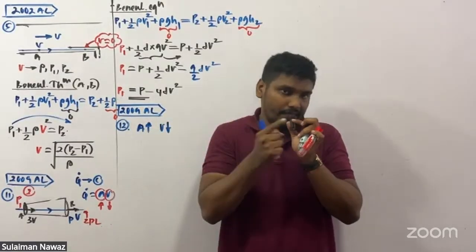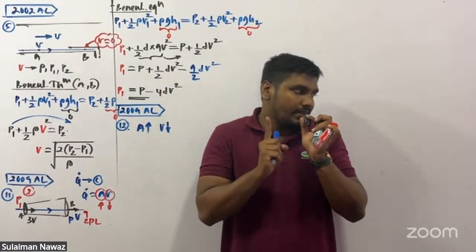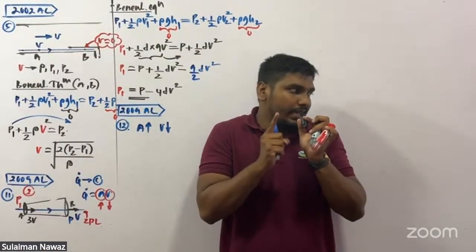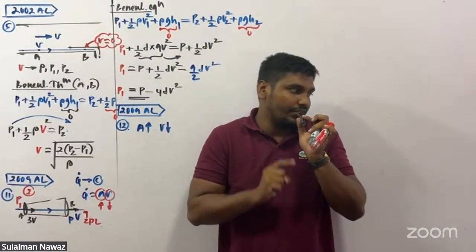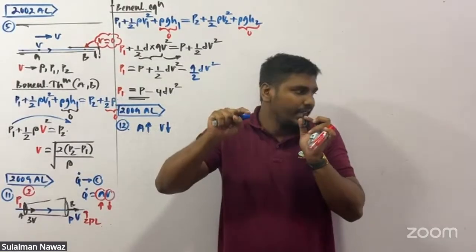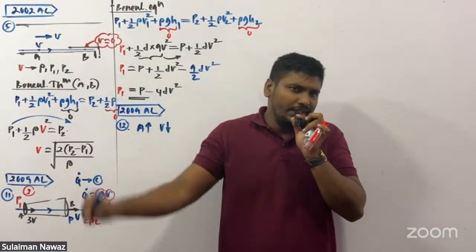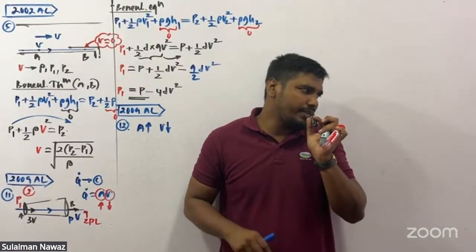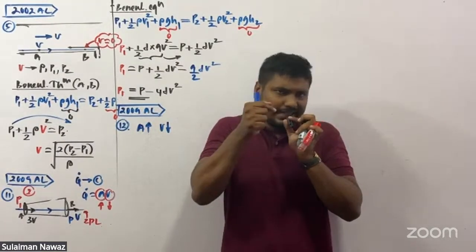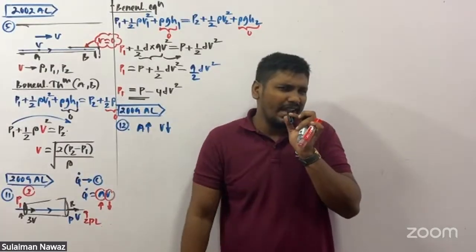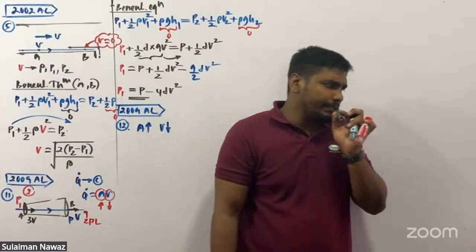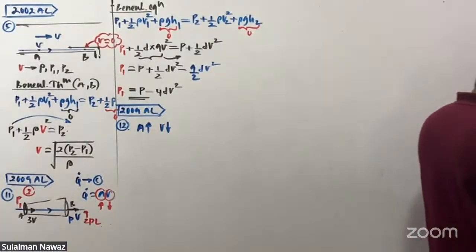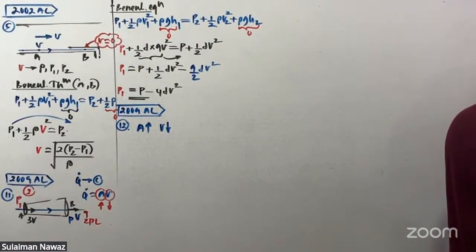Now compare B to C, C to D, and D to E cross sections. How many say they are the same? When you look at the diagram, B to C, C to D, D to E cross sections look the same.